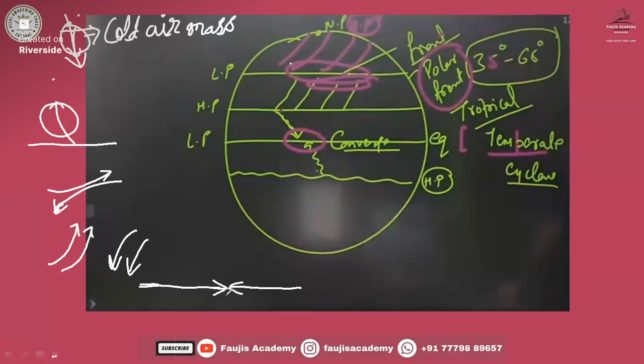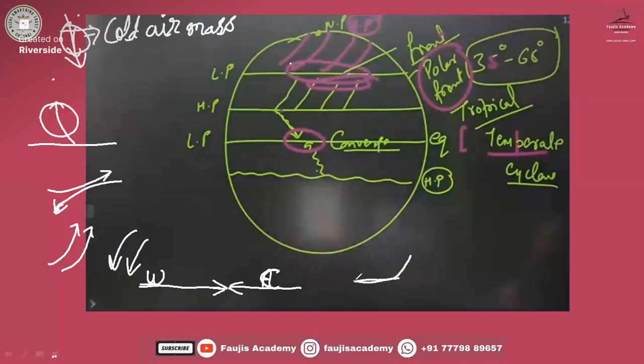In a similar way here, we have the cold air mass and warm air mass coming together, convergence is happening. Suppose this is the warm air mass and this is the cold air mass. When both converge, the warm air mass, you all know, ascends, it will go upwards.